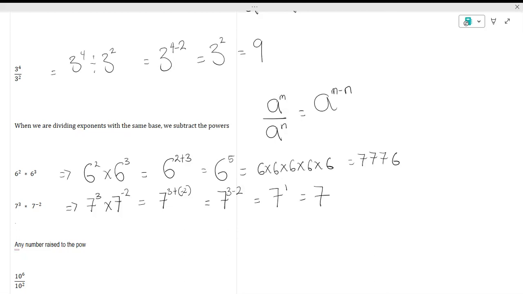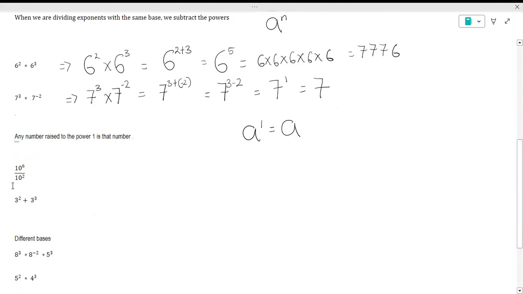So 7 raised to the power 1 is 7. I'll explain it like this: a raised to the power 1 is equal to a. Okay, thank you. Let's go on.